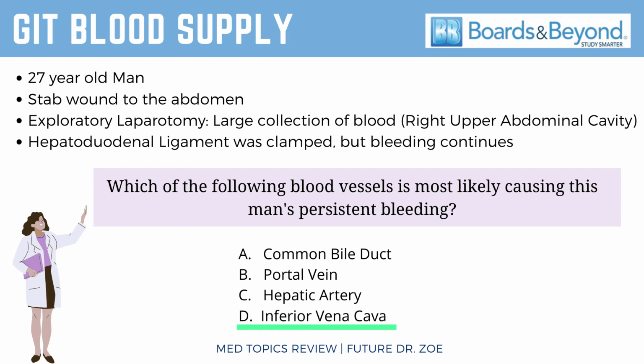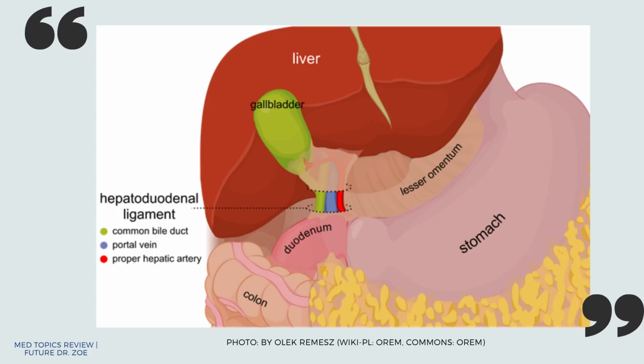Actually, this procedure is called the Pringle maneuver or portal clamping. So when this is done, this interrupts the blood flow to the liver via the portal vein and proper hepatic artery. Why, you may ask? If we recall our anatomy, the hepatoduodenal ligament contains the proper hepatic artery, portal vein, and common bile duct.